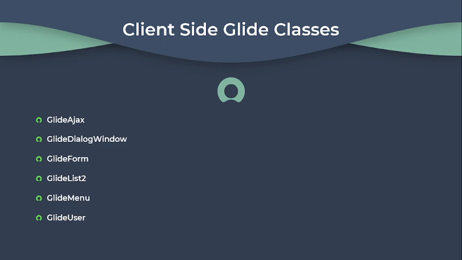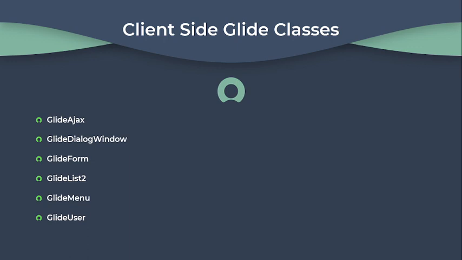We can use GlideAjax to execute server-side code from the client side. Then GlideDialogWindow, we use this class to display a dialog window. Then GlideList, we use this class to customize lists including normal list and related list.